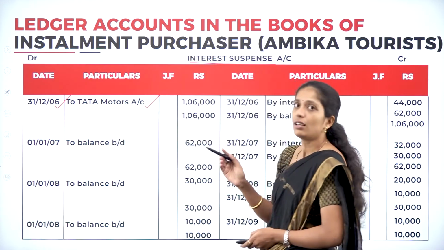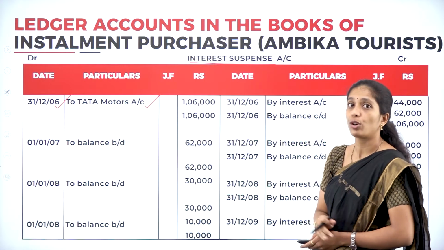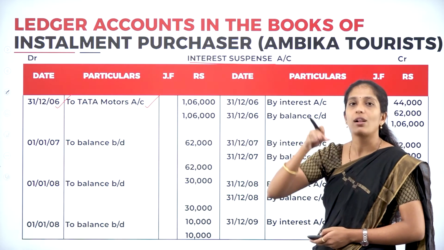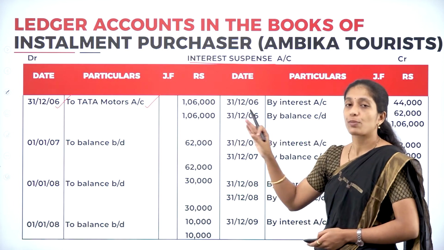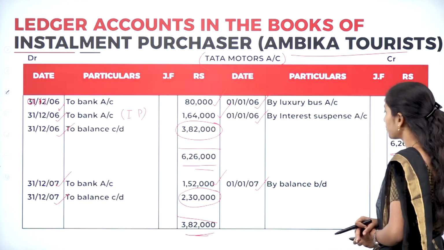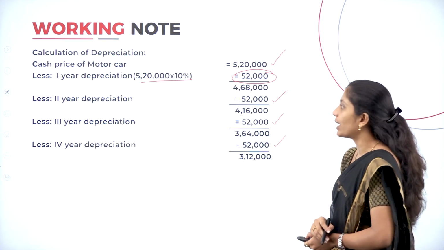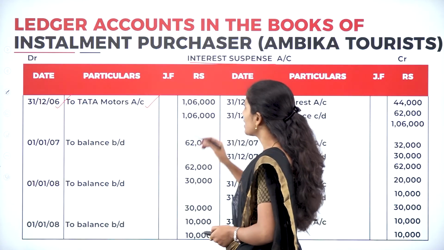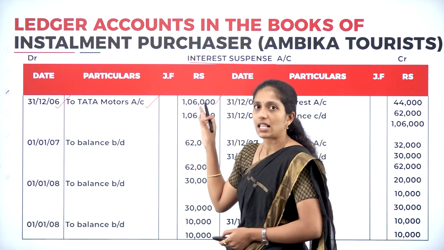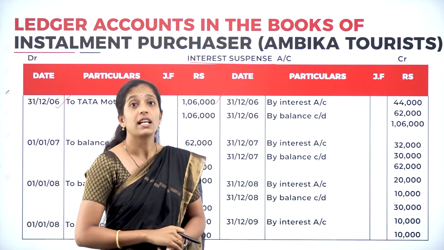So what is the amount that has to be transferred to interest suspense account? I have told you the total interest of all the 4 years has to be transferred to interest suspense account. So how much have we transferred? That is 1,06,000. The total of all interest is 1,06,000. So first transfer that. The next entry for interest suspense account is for interest due.